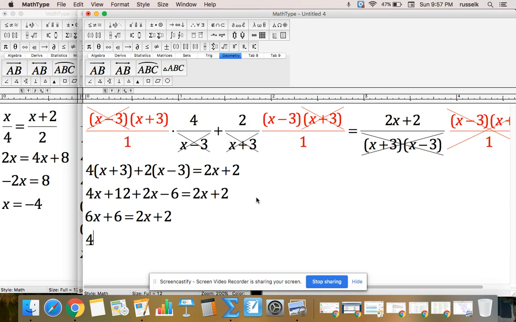Subtracting 2x from both sides gives me 4x. Subtracting 6 from both sides gives me a negative 4. And dividing leaves me with negative 1. Make sure you go plug that back in to your original problem. This one does check out, so that is our final answer.